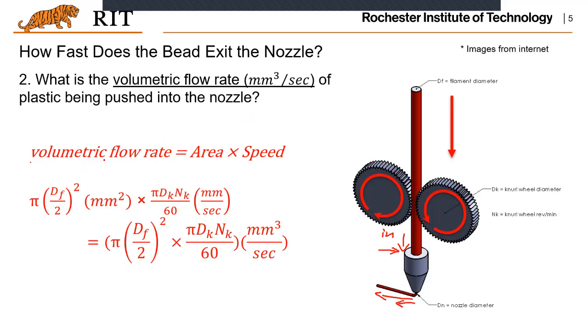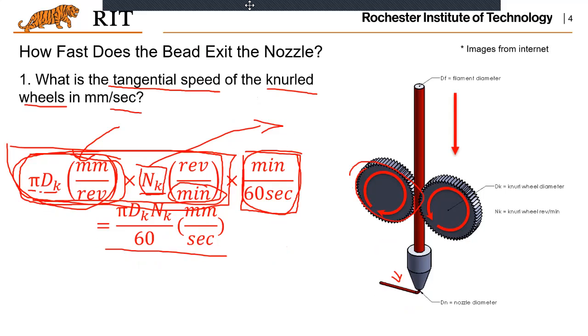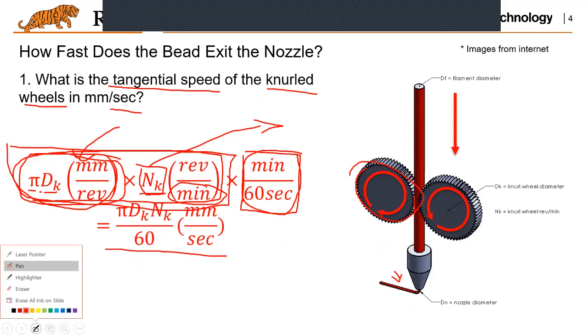Then we compute this volumetric flow rate by using the area times speed. The area is the cross-sectional area of this filament, right? The speed is the speed we just computed from the previous step. Let me clean this up. It's a little messy.